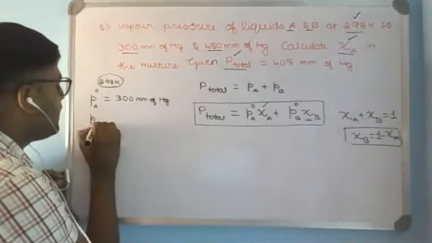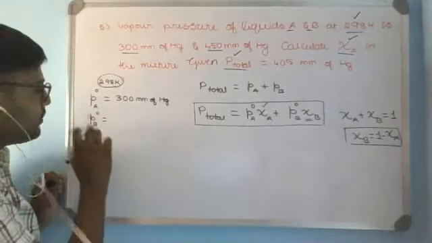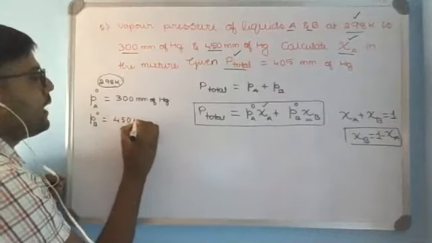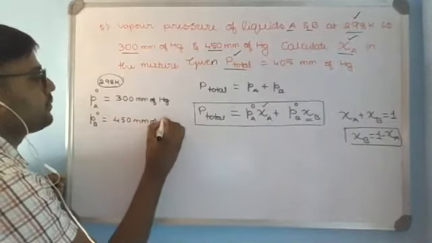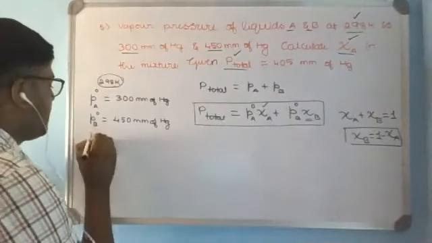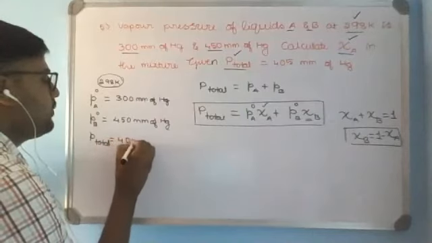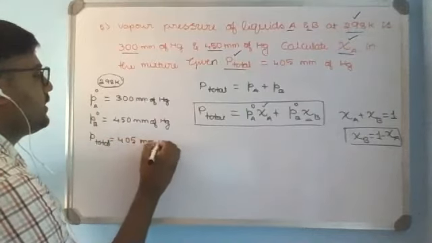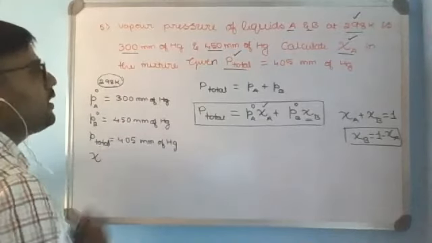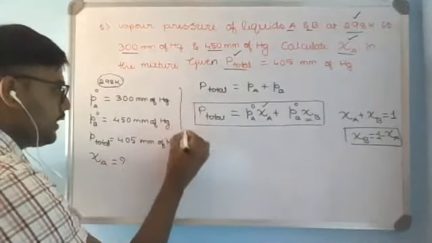Similarly, for component B at 298 Kelvin, the vapor pressure in its pure form is 450 mm of Hg. Then they have given P total, that is equal to 405 mm of Hg. With this given information, they are asking us to calculate the mole fraction of A in the given solution.